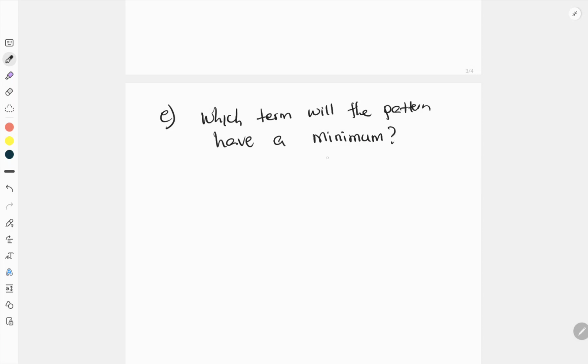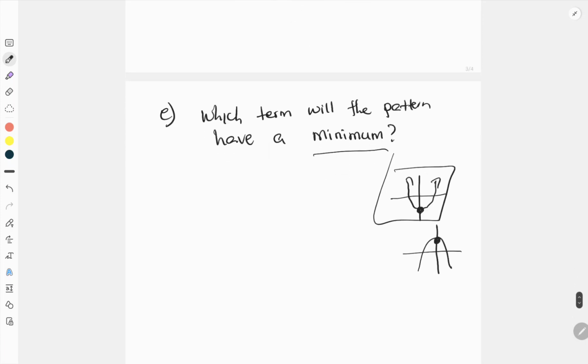Now, ladies and gentlemen, remember quadratic functions. When you have a smiling function, you have a minimum. When you have a frowning function, you have a maximum. And when your graph is smiling, it's the positive a value.